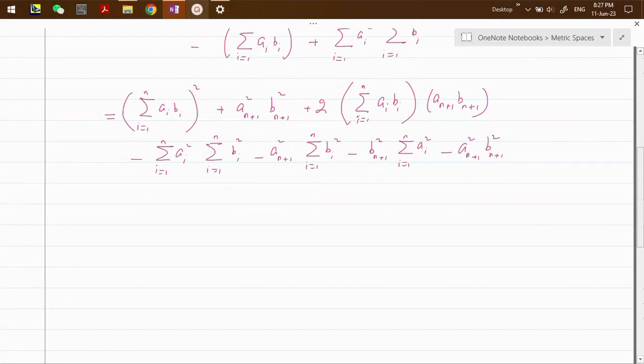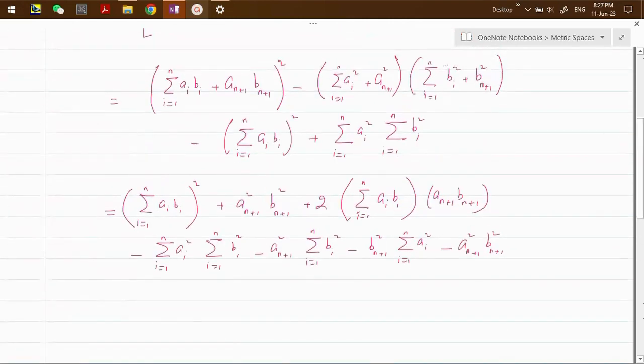Now what we do here, at last we have these two terms.